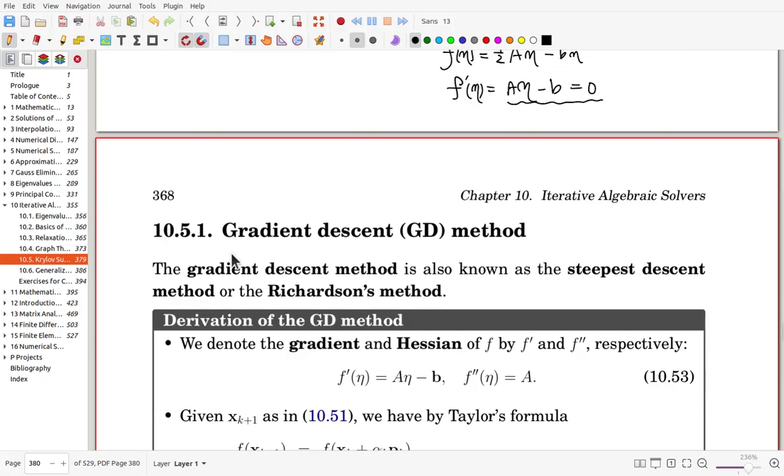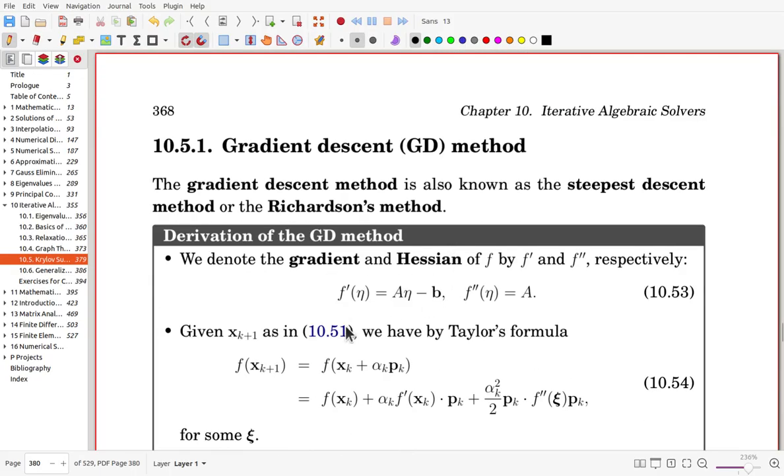Let's begin with the gradient descent method. The gradient descent method is also known as the steepest descent method or Richardson method. We first get the gradient and Hessian of the function f, and we use f prime and f double prime.